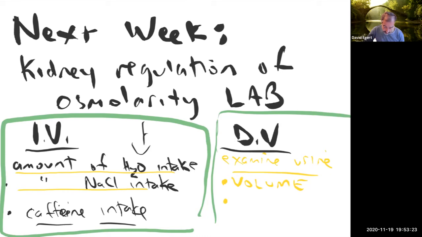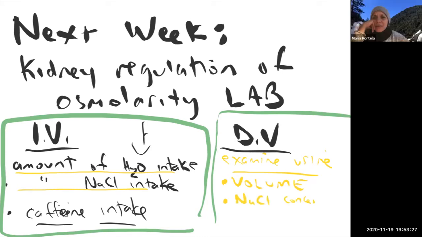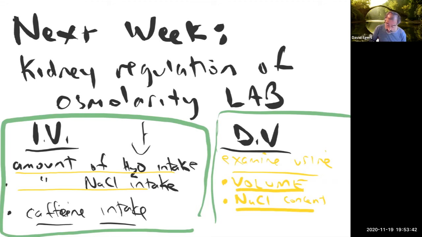We're going to do sodium chloride concentration. The frequency: we're actually going to force people to pee every half an hour, so we can get the data across many different subjects. We're going to look at the volume, the sodium chloride concentration, and then that other thing we were talking about, the specific gravity.